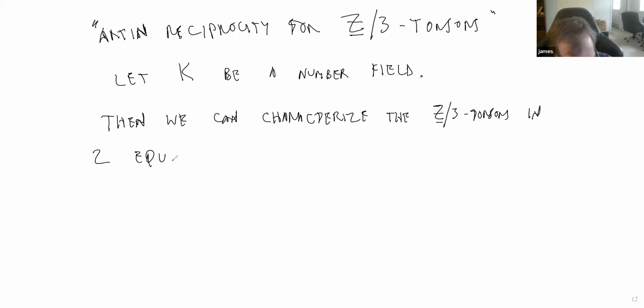And the theorem, this part of the Artin reciprocity theorem, is basically the statement of the equivalence between these two ways of characterizing the Z mod 3 torsors.